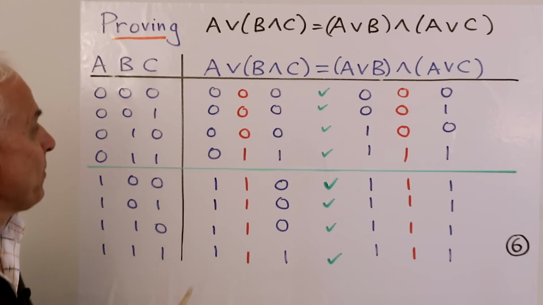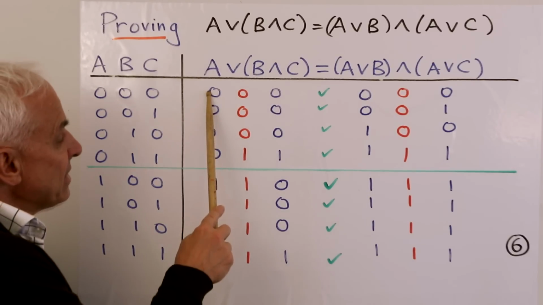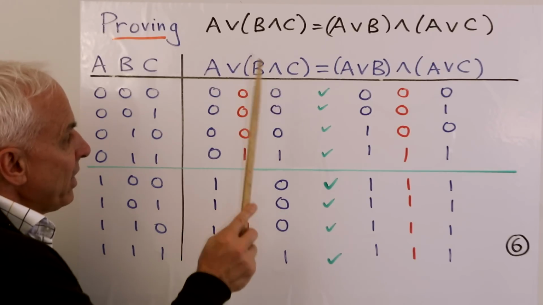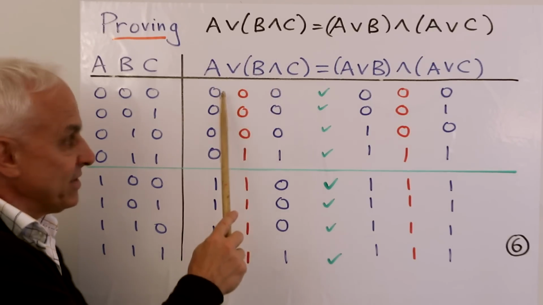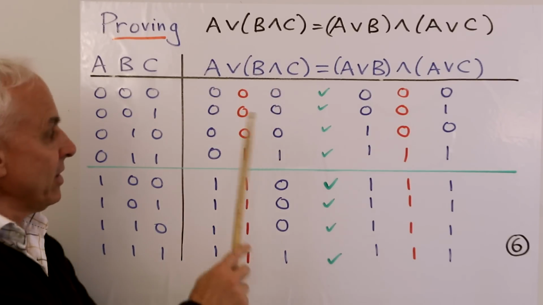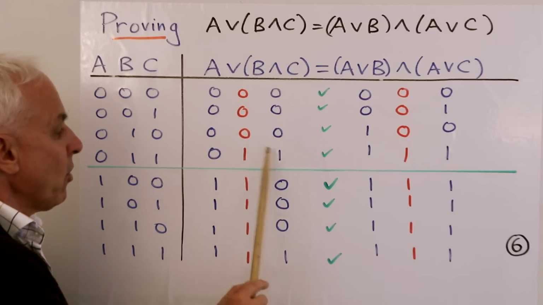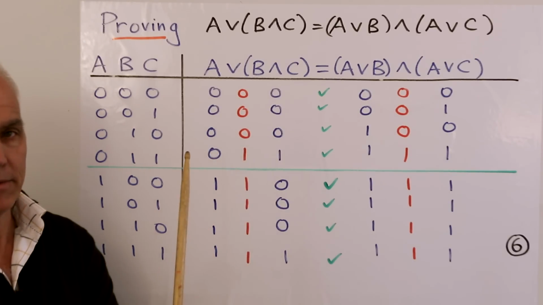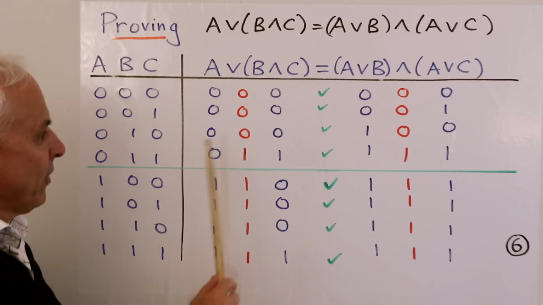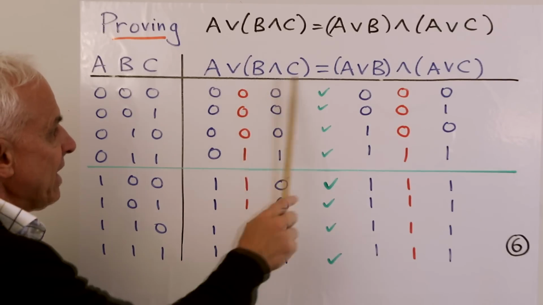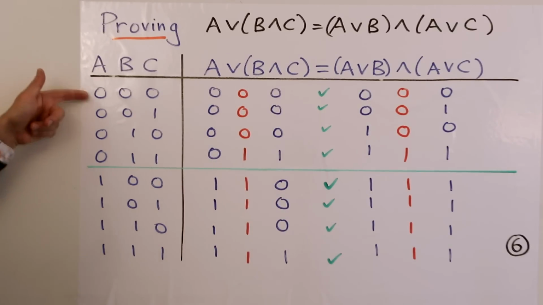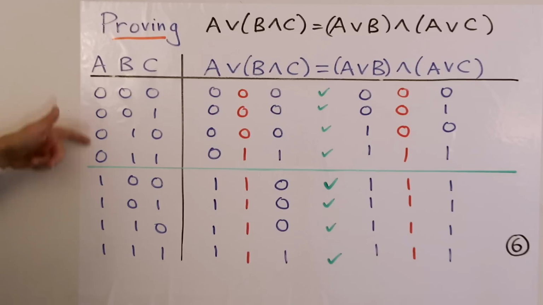So if we have 0 here and 0 here, and we're taking OR, then 0 or 0 is 0. 0 or 0 is 0. 0 or 0 is 0, and 0 or 1 is 1. So these are the various values for this left-hand side, depending on the 4 possible values that we're looking at in the first half of the table up here for A, B, and C.